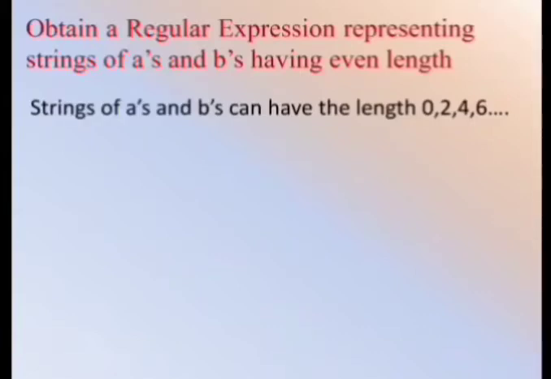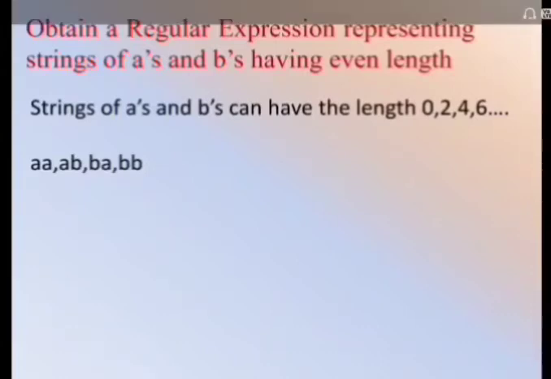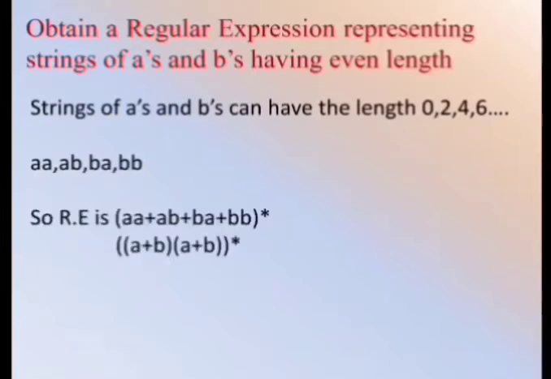So the different combinations of A's and B's of length 2 are AA, AB, BA and BB. To get different even length strings, these strings can be repeated 0 or more times. So the regular expression is (AA plus AB plus BA plus BB) whole star.